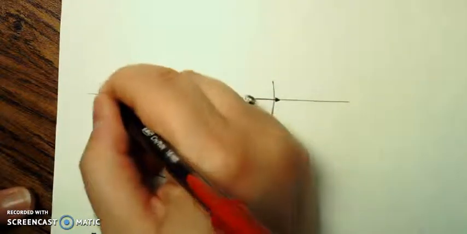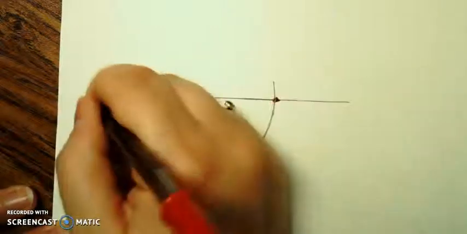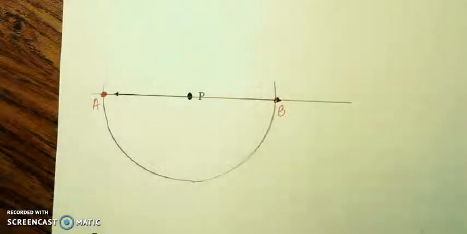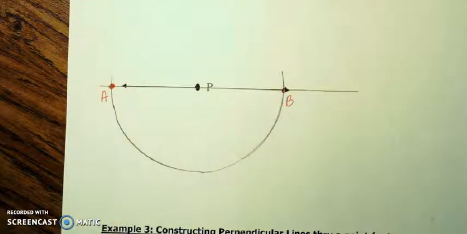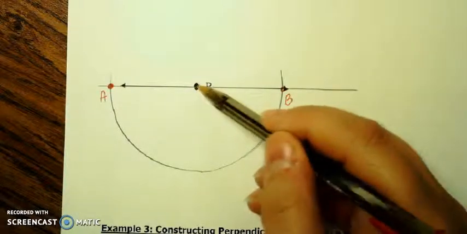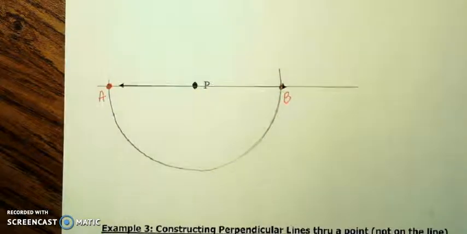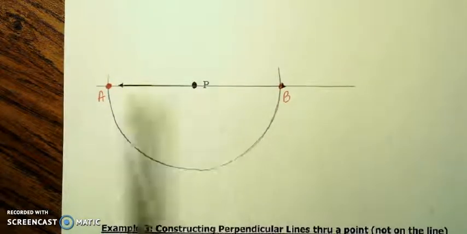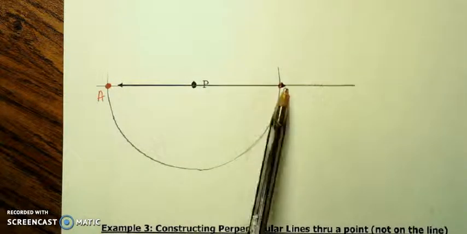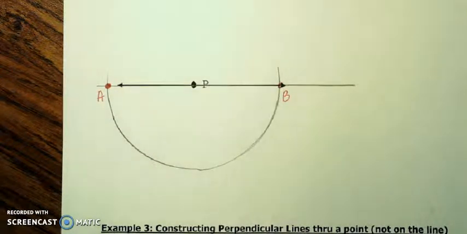Let me mark these in red so they stand out a little bit. Okay, I'm just going to call these points A and B so I can reference them as we go through the construction. Now, the idea here is when you put that center point, that gold thing, on P and we make the arc that touches both sides of the line, the distances A to P and P to B will be the same length.